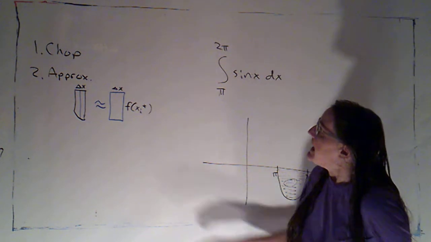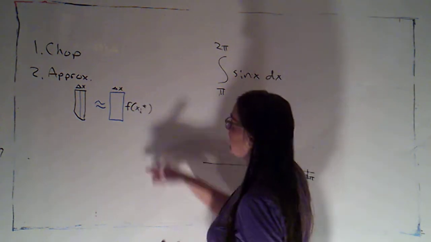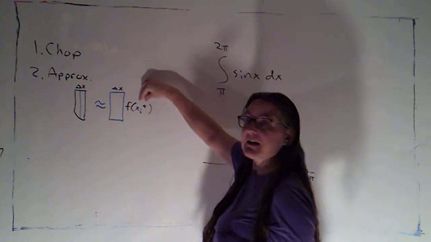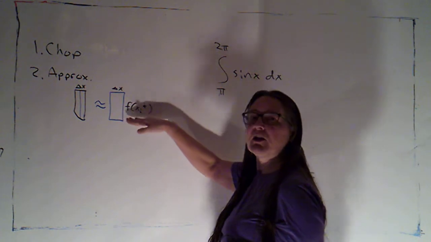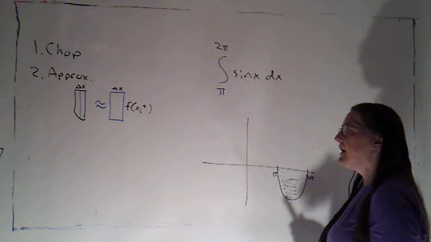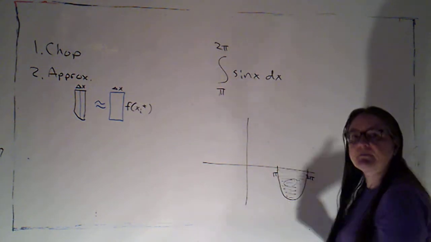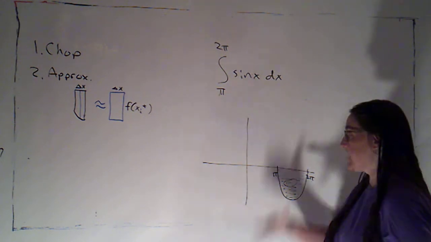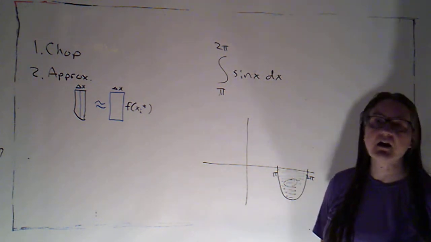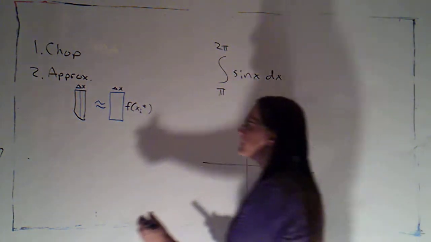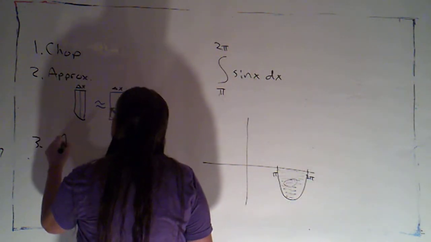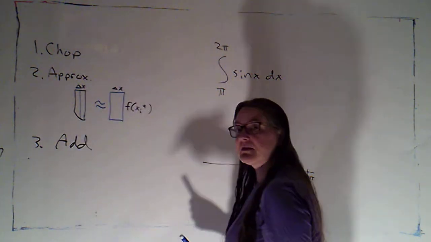Okay. Now, I would approximate this area then as delta x times f of xi star. This is allowed to be negative. So we're allowing our heights to be negative. So if the area that we have is below the x-axis, that's because our function is negative there. We'll be approximating it as a negative signed area. Okay. And then, of course, we'll just add those things up.